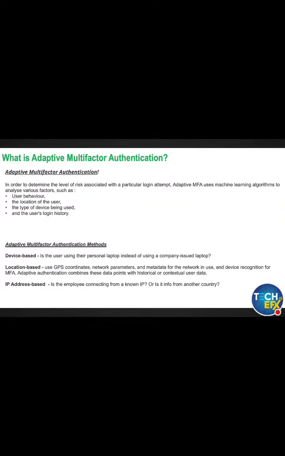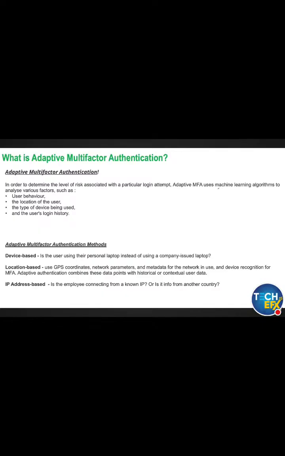Now that we understand multi-factor authentication, let's move on to adaptive multi-factor authentication, also known as a risk-based authentication system. Adaptive multi-factor authentication is a security system that uses machine learning algorithms to analyze various factors such as users' behavior, location, device information, and login history to determine the level of risk and adjust the authentication requirements accordingly.